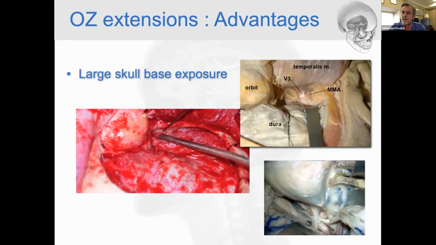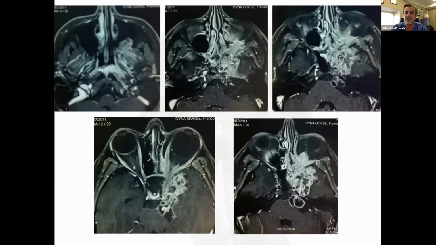Once you have retracted the temporalis muscle very low because you remove the zygoma, you can really retract the temporalis muscle, which is kind of a door that opens to expose the floor of the temporal fossa, especially the anterior aspect of the temporal fossa floor.